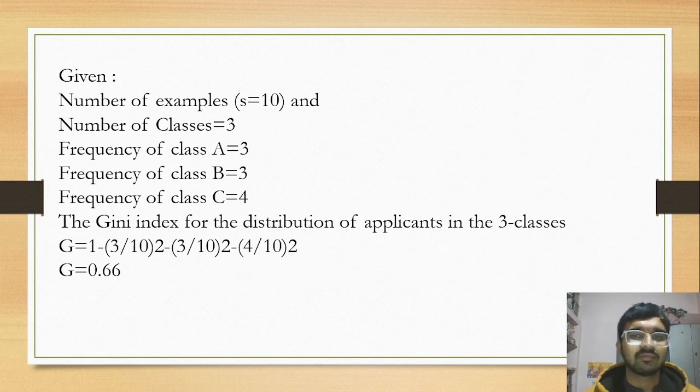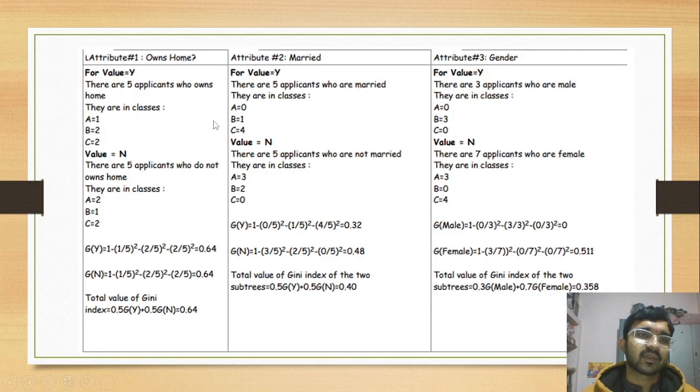So now we will move forward and consider each attribute as a candidate for splitting, and calculate their Gini index. First we will take our home attribute, and here for value equals y, there are 5 applicants who own homes. They are in classes A equals 1, B equals 2, and C equals 2. And for value equals n, there are 5 applicants who do not own a home.